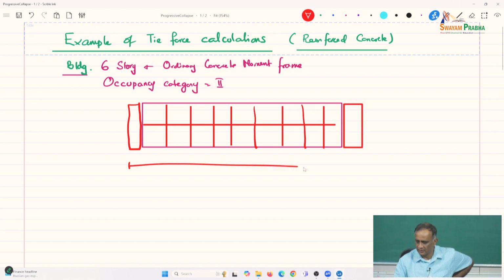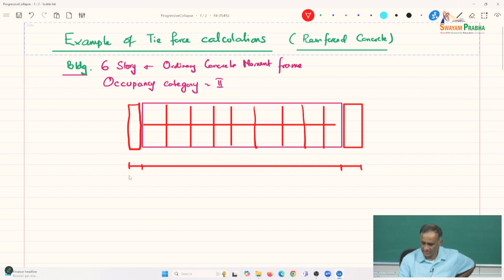The canopy is 6.5 feet. We have canopies up to 8 feet, 10 feet, maybe the outer range, but this is a standard. And here this is 9 at 24 feet center to center.